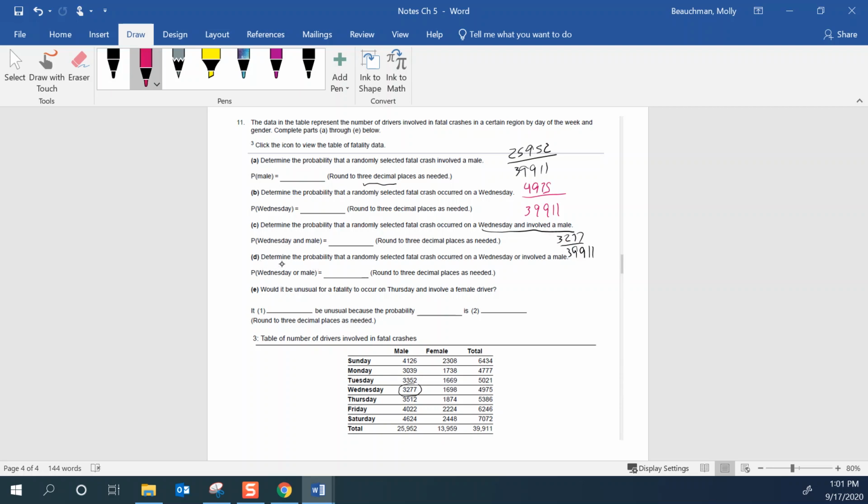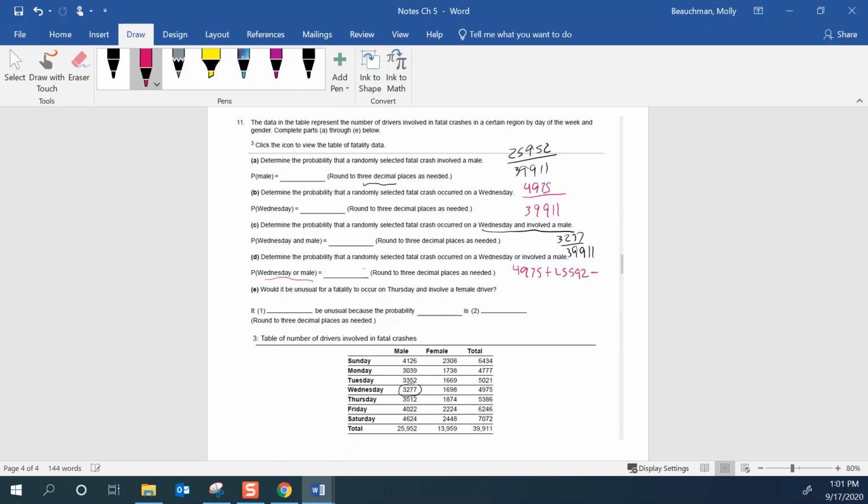Next, D, determine the probability that a randomly selected fatal crash occurred on a Wednesday or involved a male. So Wednesday or male. So probability of Wednesday, we use the row total, which is 4975, plus probability of male, use the column total male, 25,592.